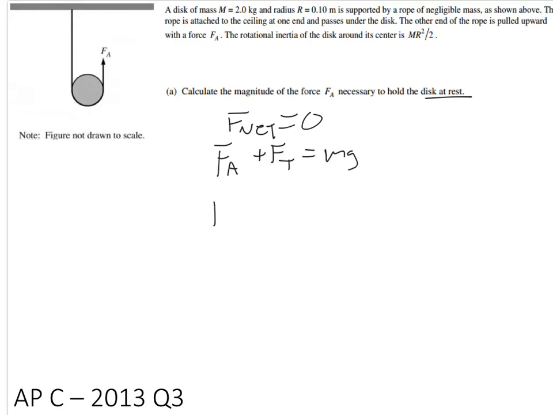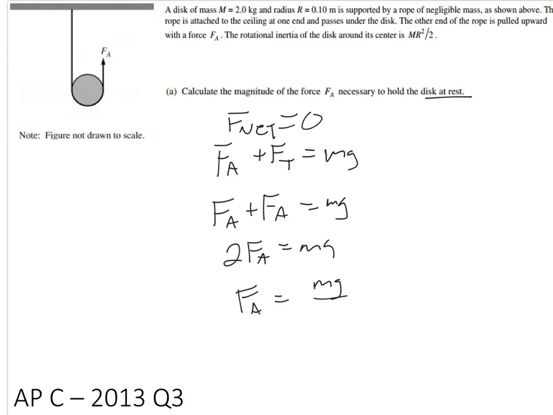In this case, these two are going to be one and the same. So that's 2Fa equals mg, which is going to be 20 divided by 2. So Fa equals 10.